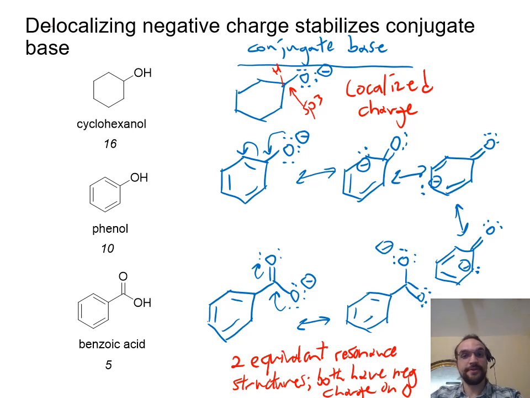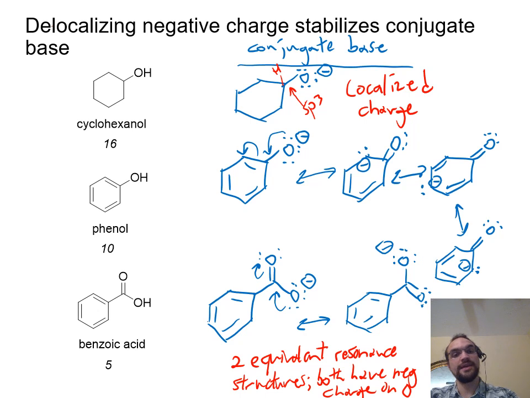We love it. But if we compare that to phenol, yes, we have perhaps more resonance structures, but the other 3 forms only have the charge delocalized onto a carbon, which is not as attractive.